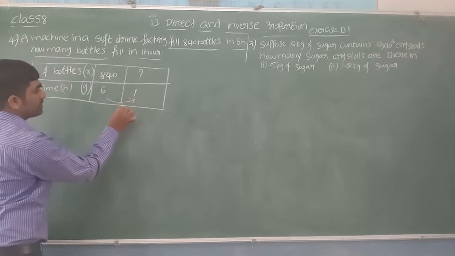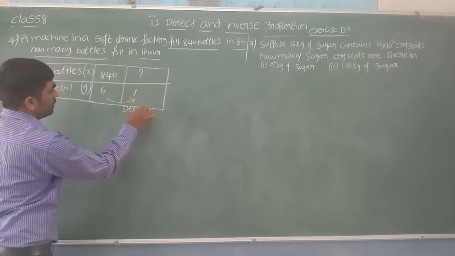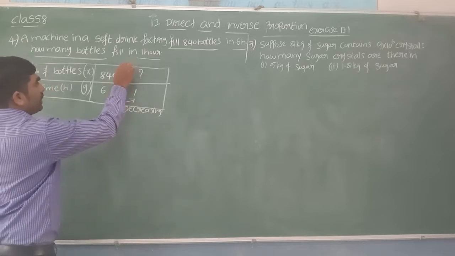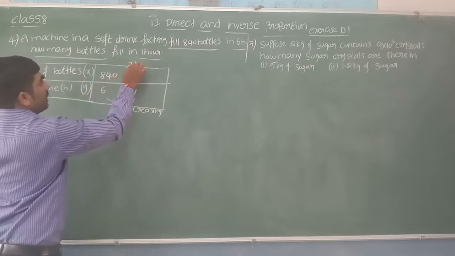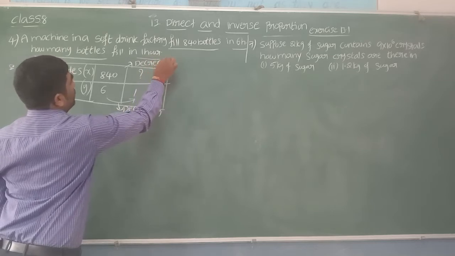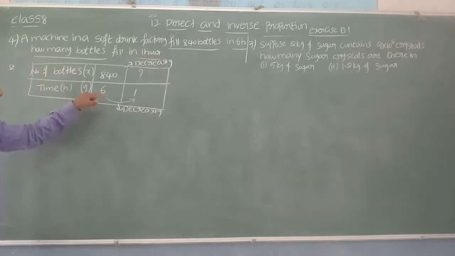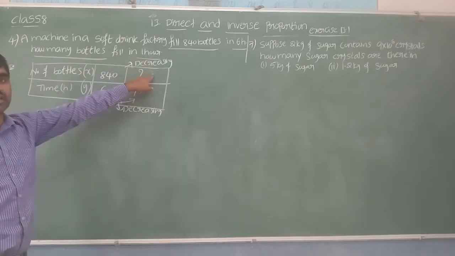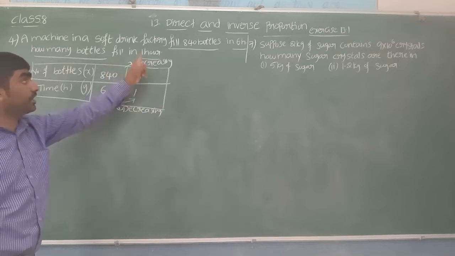Here the time is decreasing, and at the same time the number of bottles is also decreasing. Less than 840 means the value is going to decrease. Both quantities are decreasing.